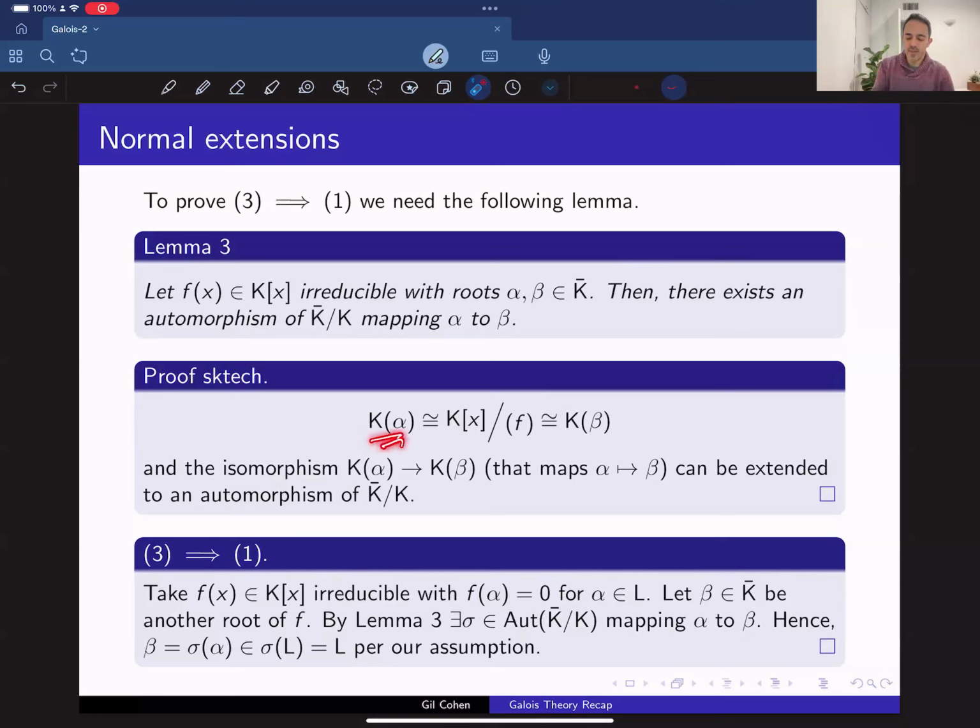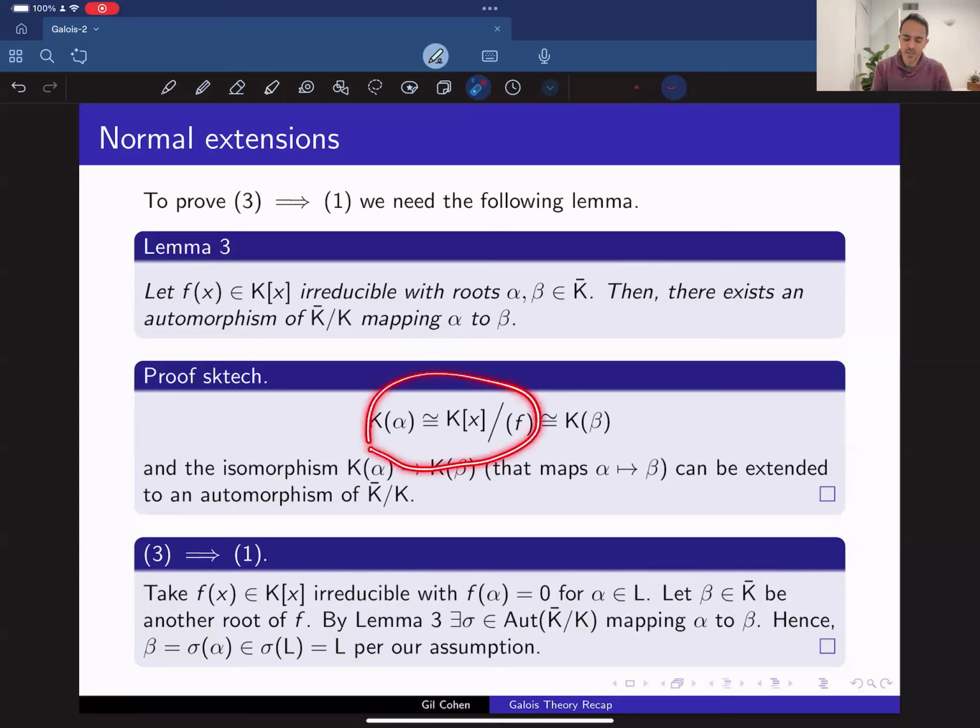I'm only going to sketch it, you'll see why. Both of these fields, K when you're joining alpha and K when you're joining beta, are isomorphic to this field, where you take the polynomial ring in x and mod out by the irreducible polynomial f. It's important that it's irreducible, otherwise you won't get a field.